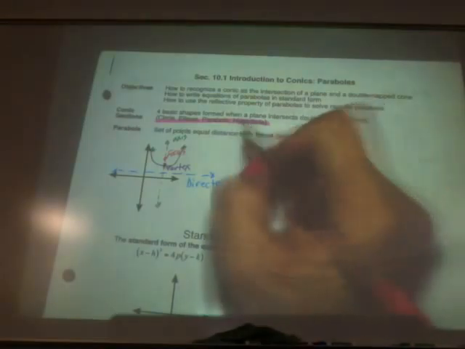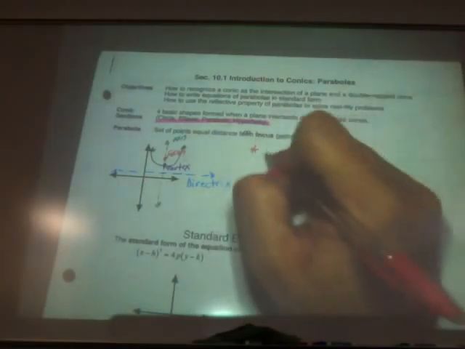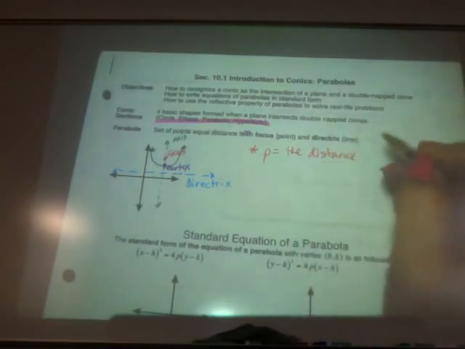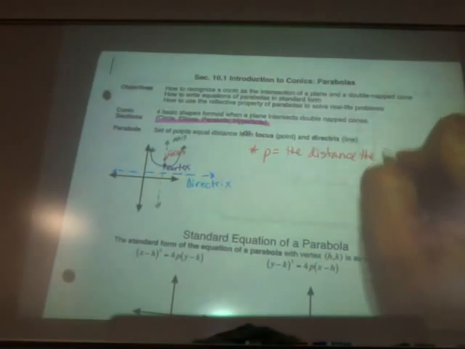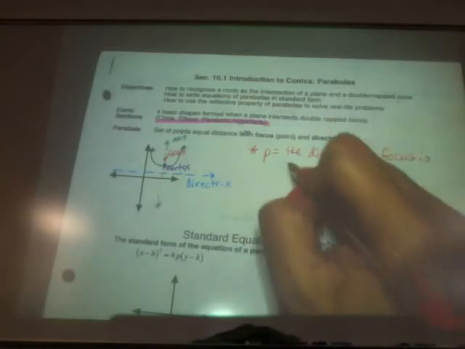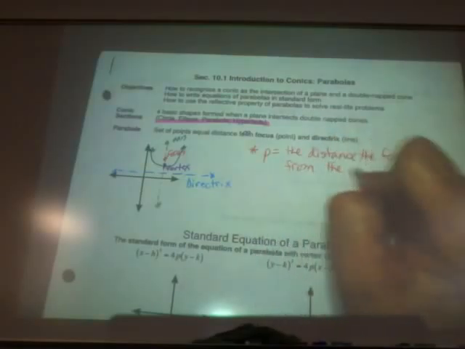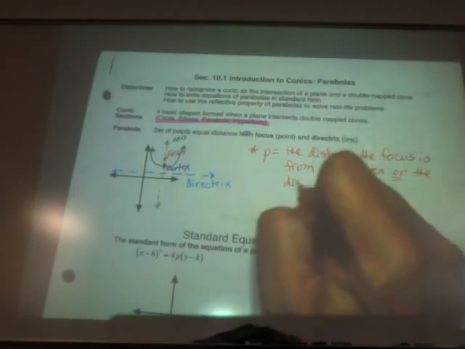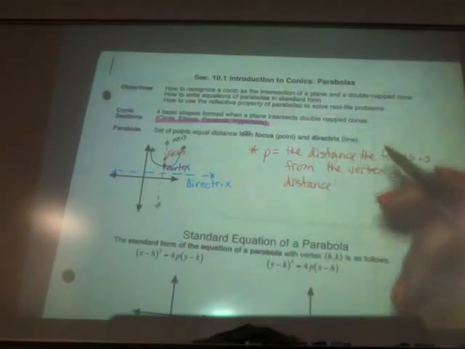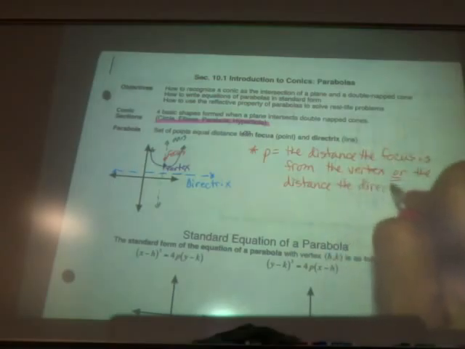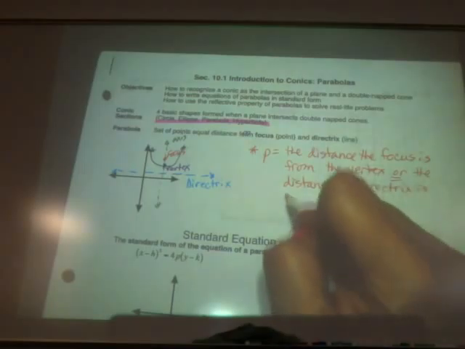So you might want to put on here that P equals the distance the focus is from the vertex, or the distance the directrix is from the vertex.